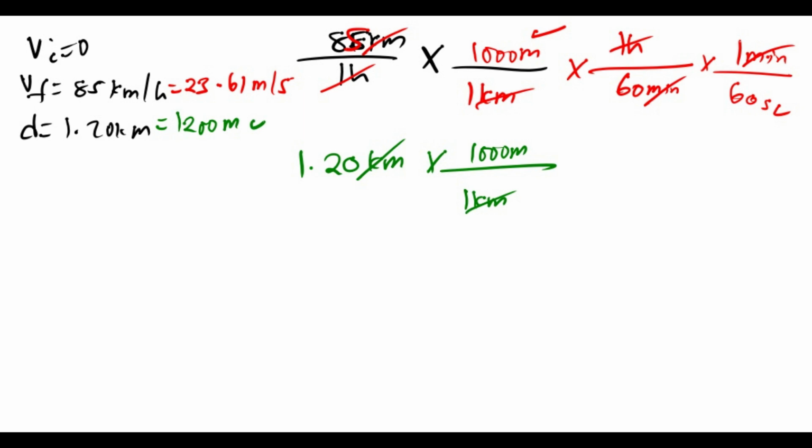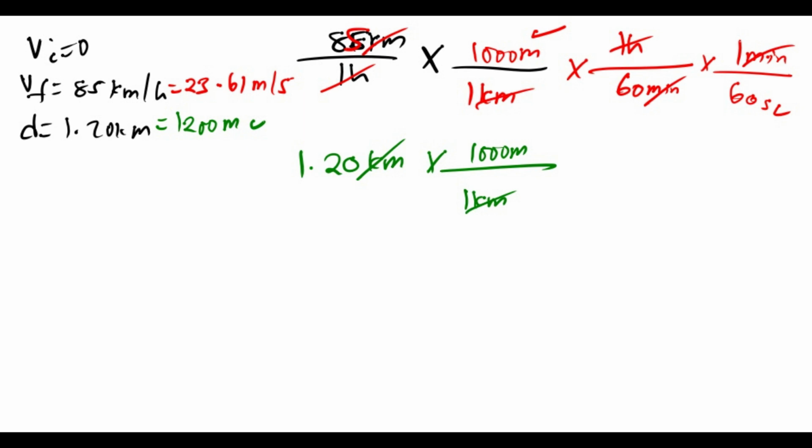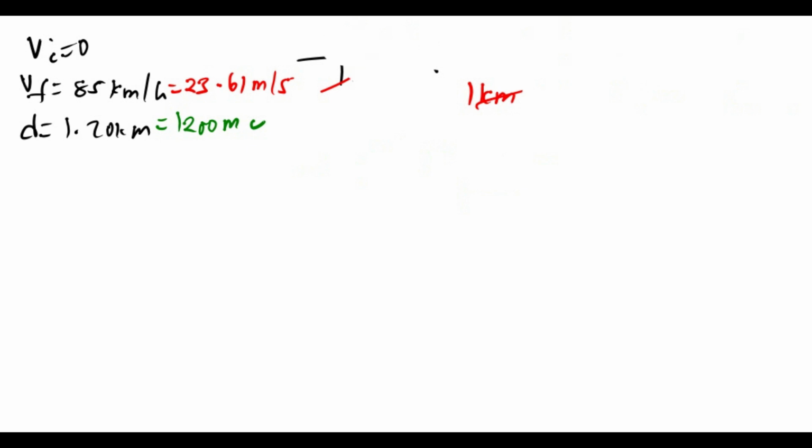Now that I've converted, I can clearly see from the question that there is no time, so I can't use any formula which demands time. Among those three equations, I can use the third one, which doesn't require time. So I'll say v final squared is equal to v initial squared plus 2ad.